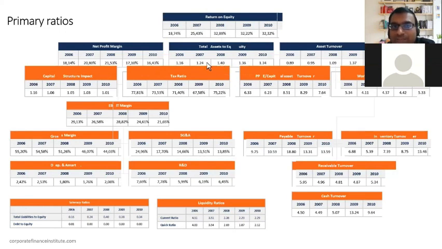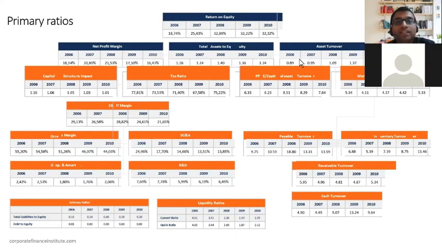So that means your total asset to equity ratio and your asset turnover has increased. So you see, there has been a constant increase in your asset turnover ratio. That means your scale has increased. What does this ratio say?